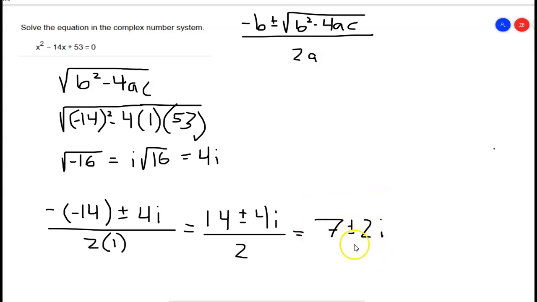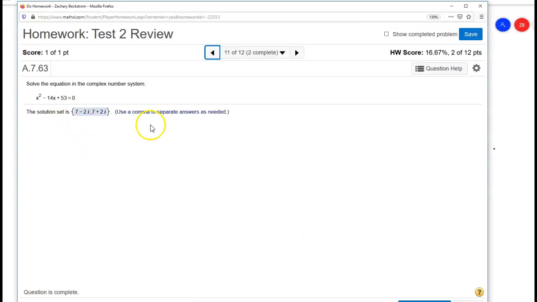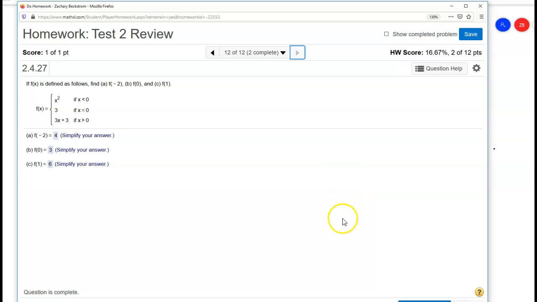So that's two solutions: 7 plus 2i and 7 minus 2i. So I went ahead and put those in, got a little correct symbol, and that lets me know I'm right. So that means if I put either of these solutions in here for x and multiply this all out, we get 0.